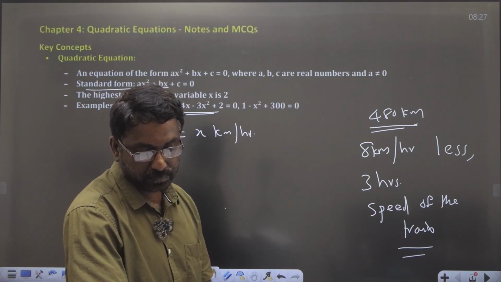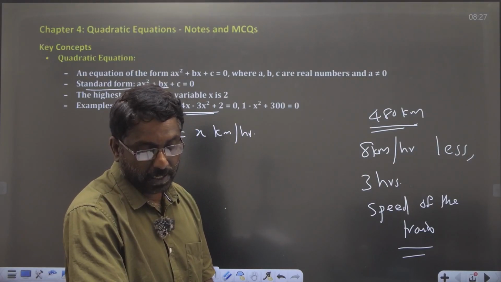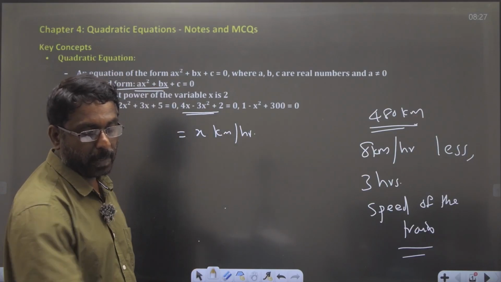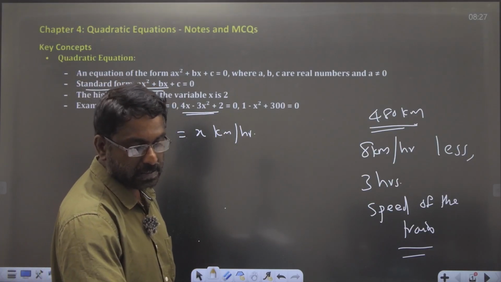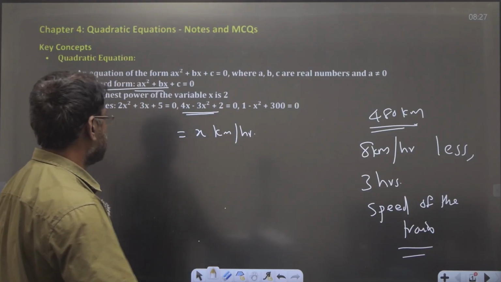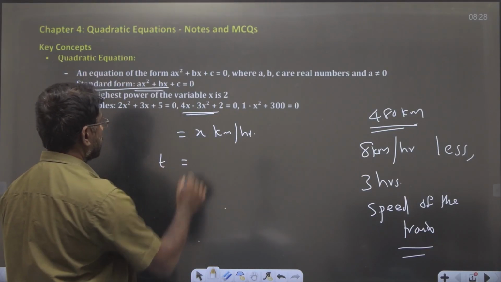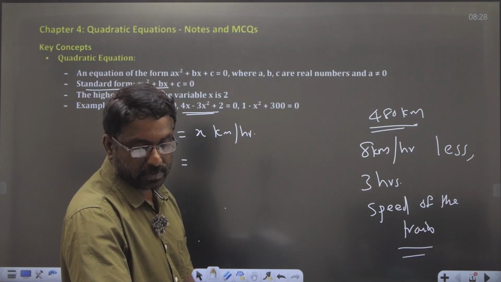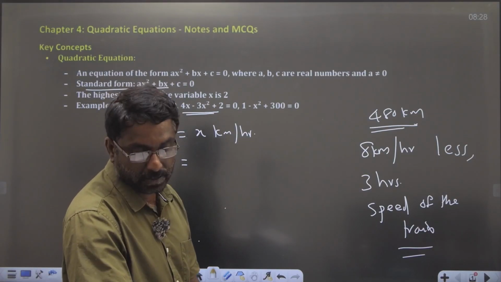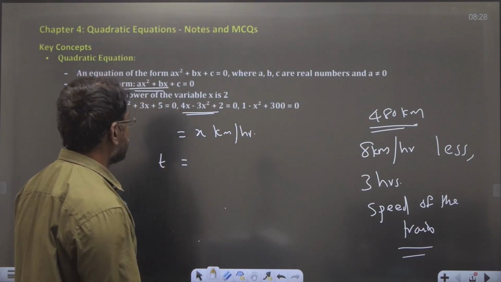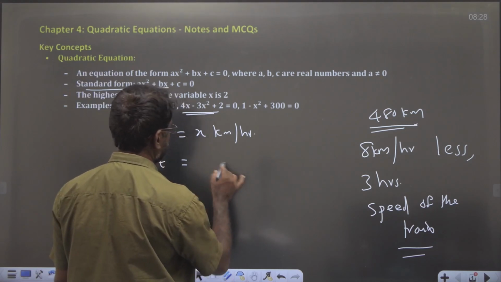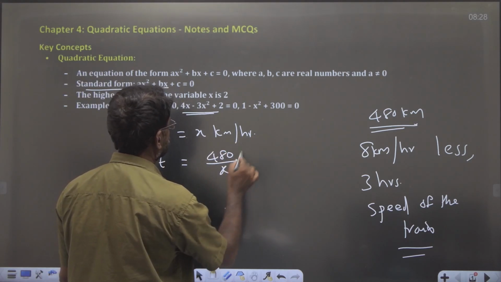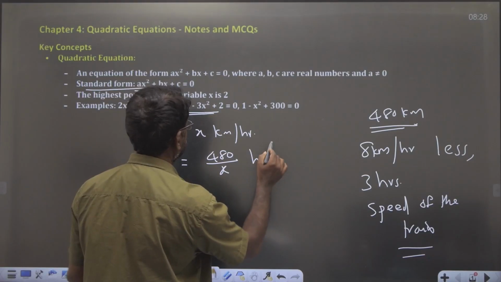Then the time taken by the train to cover a distance of 480 kilometer is distance divided by speed. Distance is 480, so the time is 480 divided by x hours.